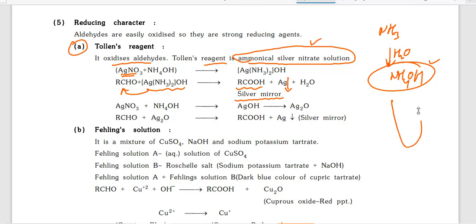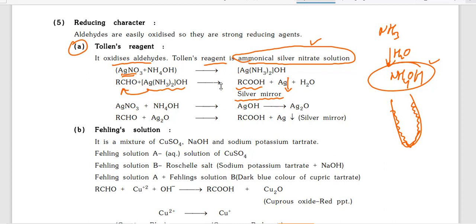If you take a test tube, a silver layer forms inside it, because the silver precipitates on the container wall. This reaction is known as the silver mirror test or Tollens test.